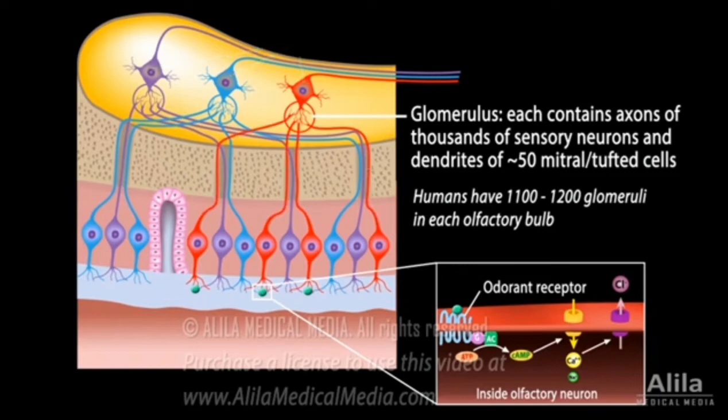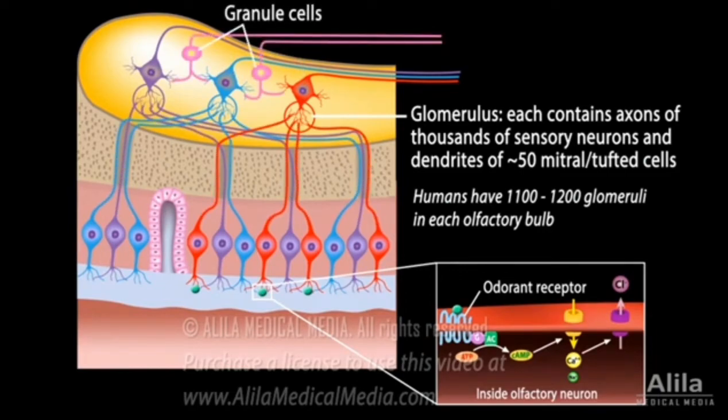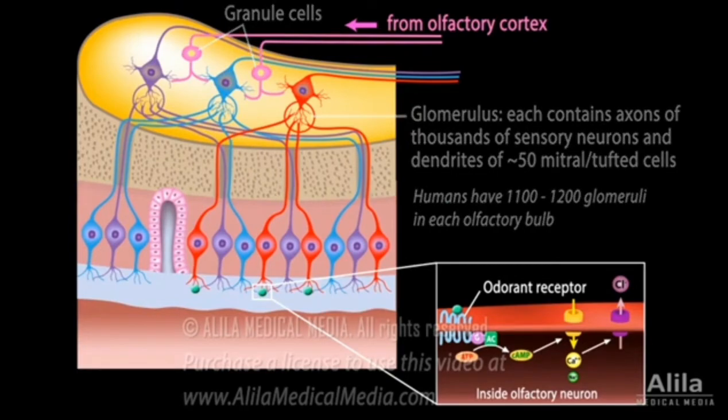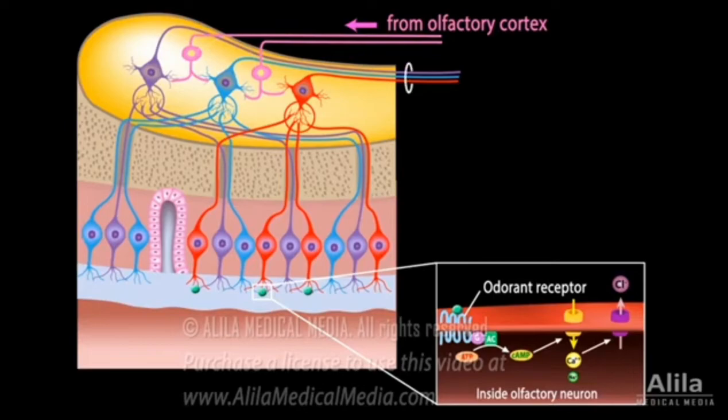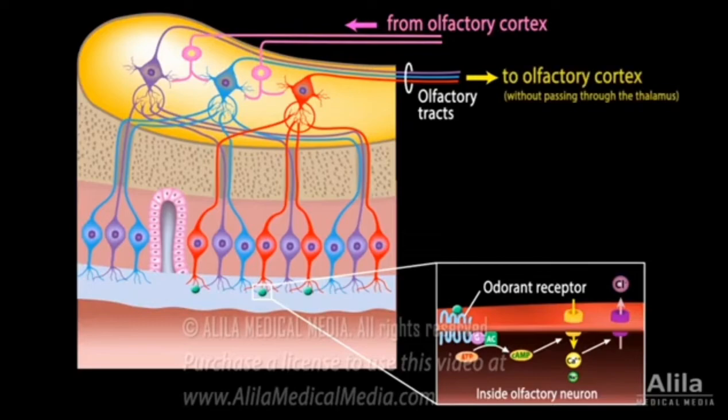The second-order neurons are stimulated by sensory neurons, but they also receive inhibitory feedback from the cerebral cortex. This means an odor can be perceived differently under different circumstances. For example, the smell of food is more appealing when one is hungry and is less so when one is full. The axons of mitral and tufted cells form the olfactory tracts, which project directly to the primary olfactory cortex.